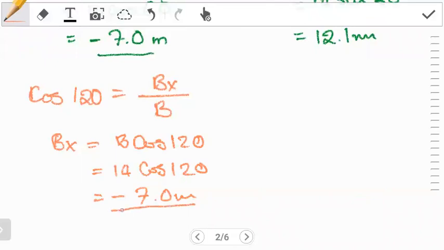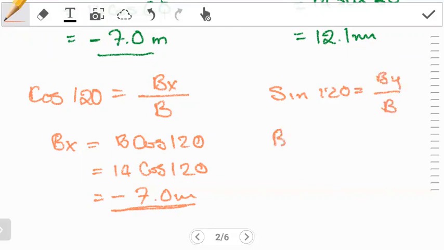You don't have to start worrying about, well, do I put a negative here? In what direction is this? As long as you've measured your angle anti-clockwise from the positive x, the negative will be implied. Negative will come out already. Okay. Now let's try it for sine. Let's see if it gives us the y component as well. So sine 120 is equal to By, the y component, over B itself.